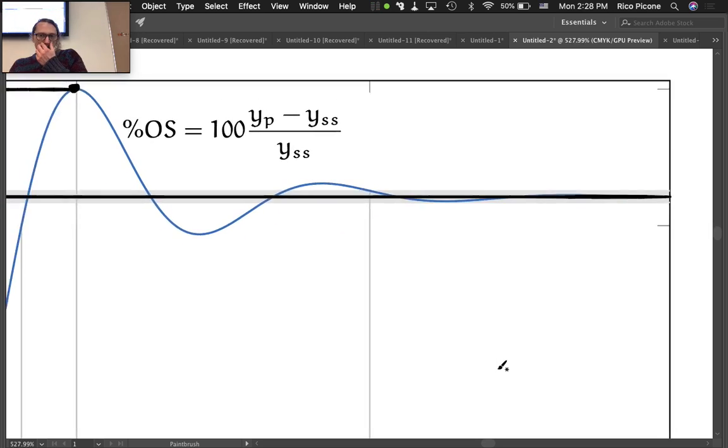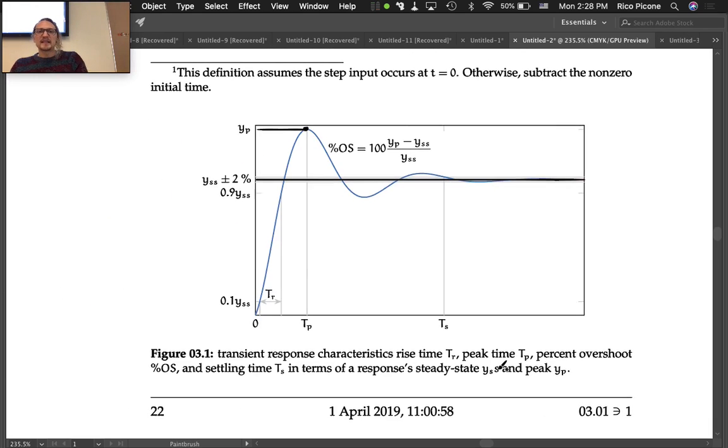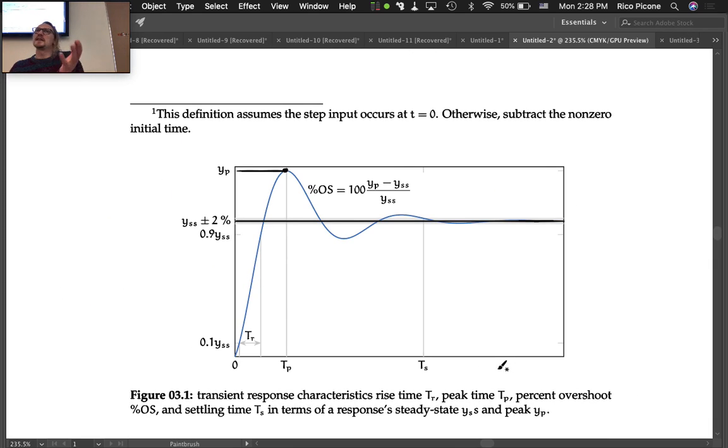So the settling time tells us how long it takes for it to really get close to that final steady state value. Those are the four that we're going to consider for transient response performance.